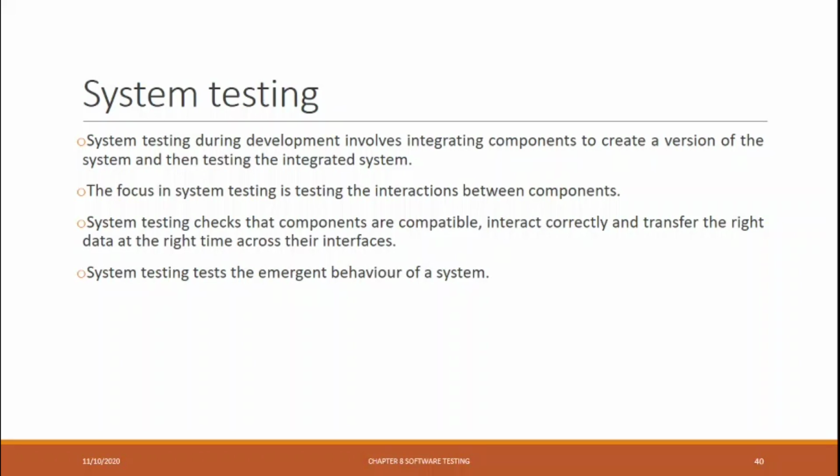We have a number of components, and the components have to interact through a number of interfaces. So whether the right interface acts at the right time according to that component or not will be checked in system testing. You may find a number of interface errors. Why do interface errors occur? Because if the component doesn't act or behave properly, then interface errors occur. That should not happen, so that is also checked in system testing.